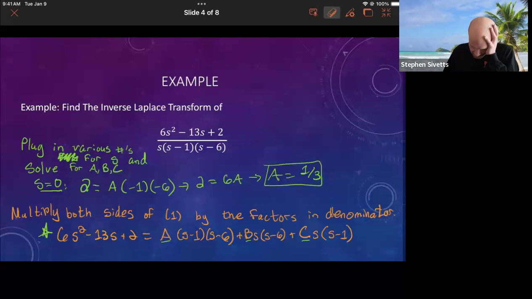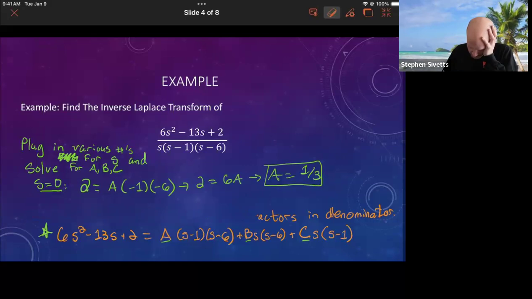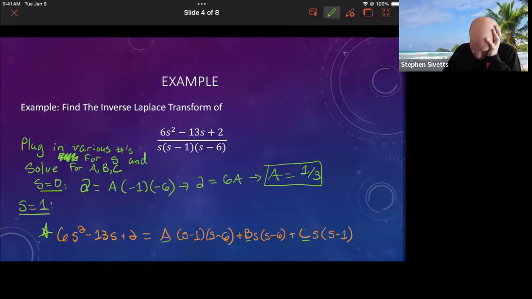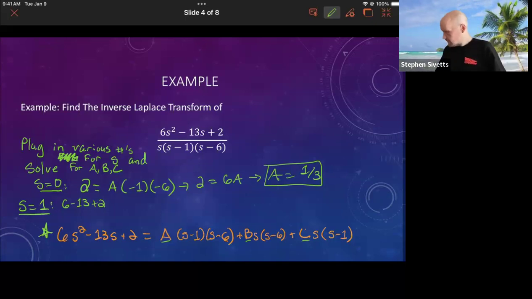Next, let's look at where s is equal to 1. That's pretty straightforward. So if s is 1, the left-hand side, we will get 6 minus 13 plus 2, so -5.